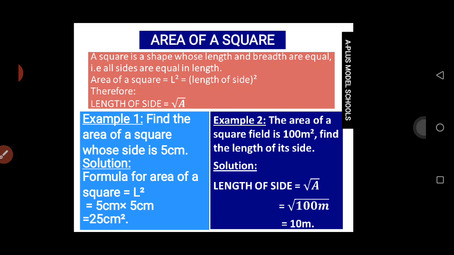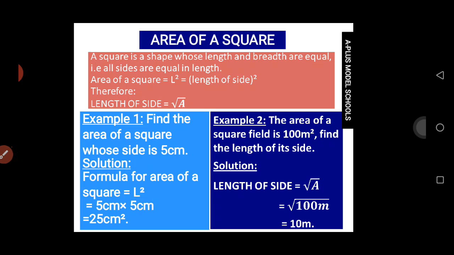So let's move to area of a square. Don't forget, a square is a quadrilateral in which all its sides are equal in length. The formula for finding the area of a square is L squared, the square of the length.